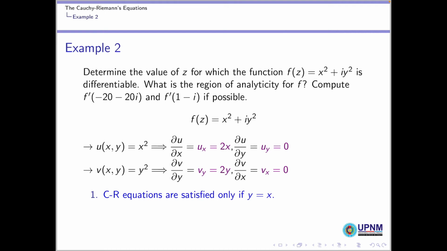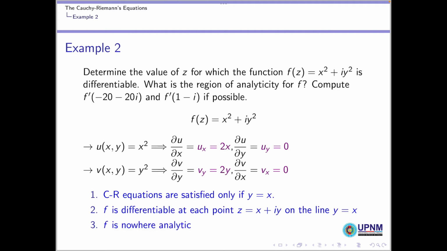In order for us to have u_x equals v_y in this case, y must equal x. So f is differentiable at each point z equals x plus iy on the line y equals x.